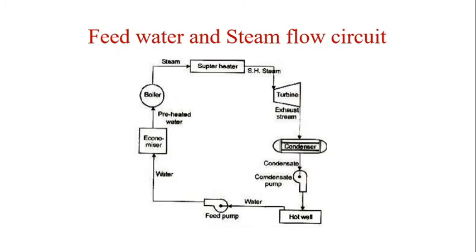The condensate is heated in the feed water heaters using the steam tap, that is bled steam, from the different points of the turbine. A part of the steam and water is lost while passing through the different components, and this is compensated by supplying additional feed water to the system. This feed water should be purified beforehand to avoid scaling of the tubes of the boiler.